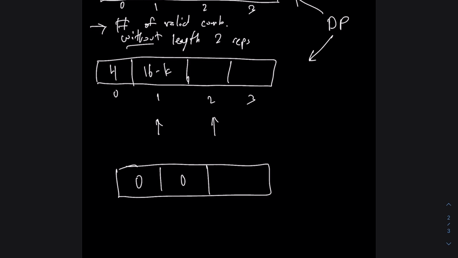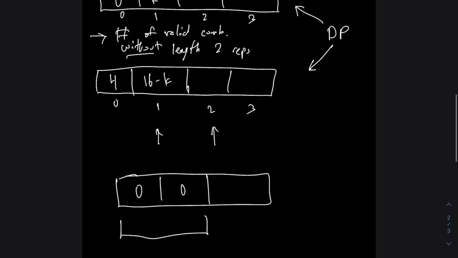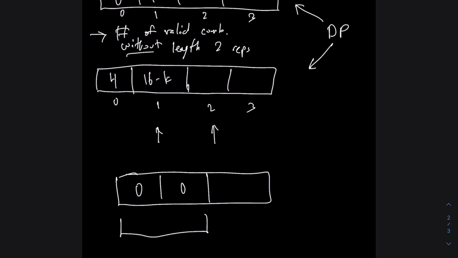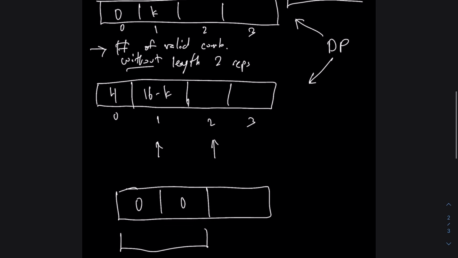If our previous sequence already has length 2 repetition at the end, then no matter what we put at the end, it is impossible to create a valid combination with length 2 repetition at the end, right?